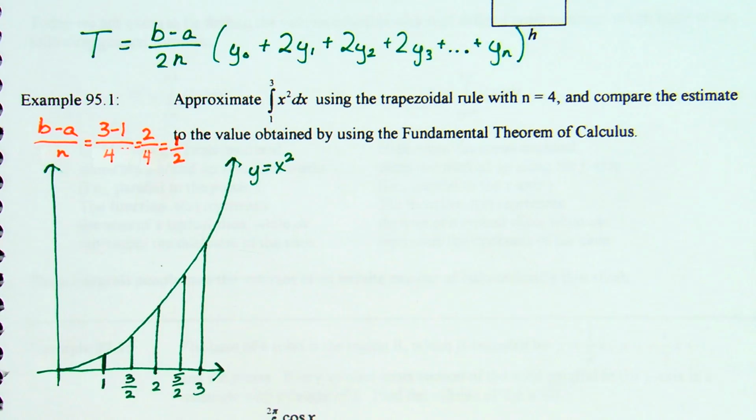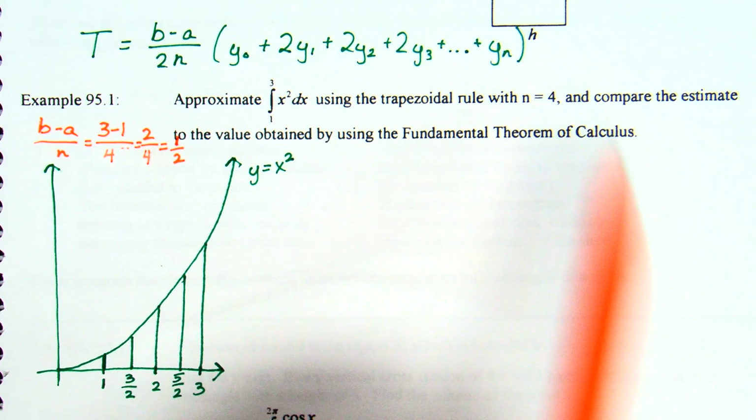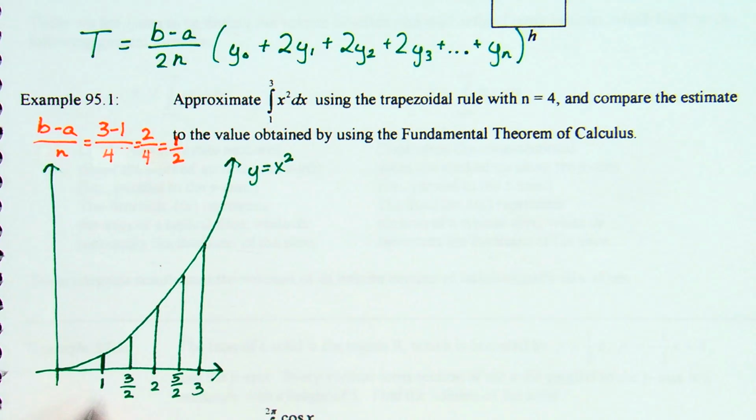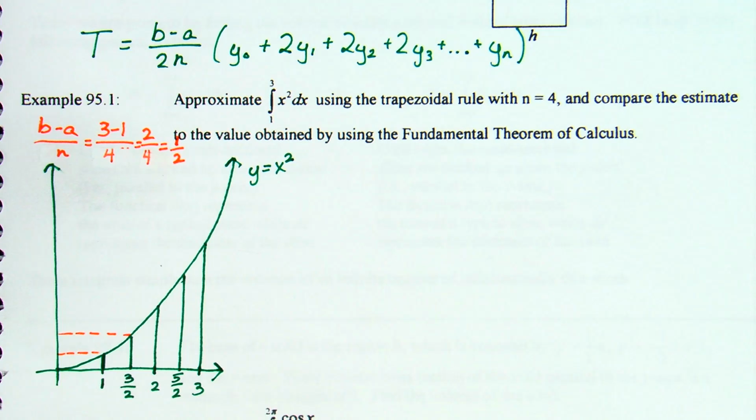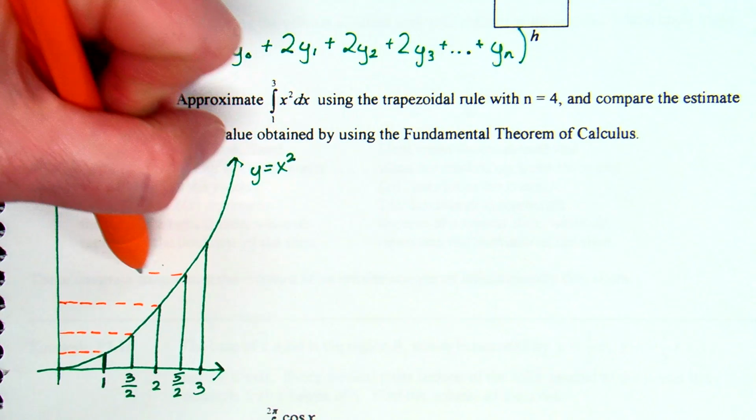When x is 3 halves, what is the y value? So on and so forth. When x is 2, when x is 2.5, and when x is 3. We're going to need each of those y values because that's what we're going to use to find the area. Now, if you want to do a chart, you can do a chart.